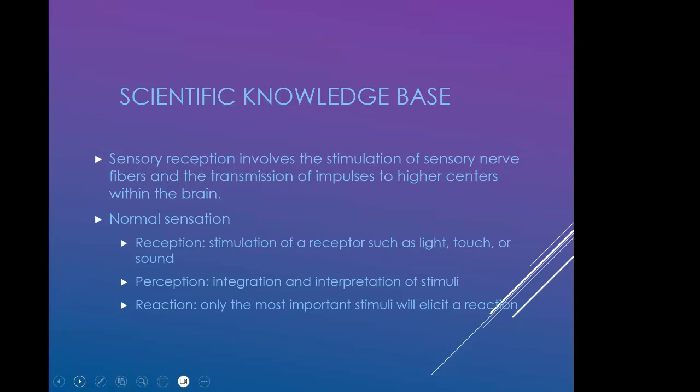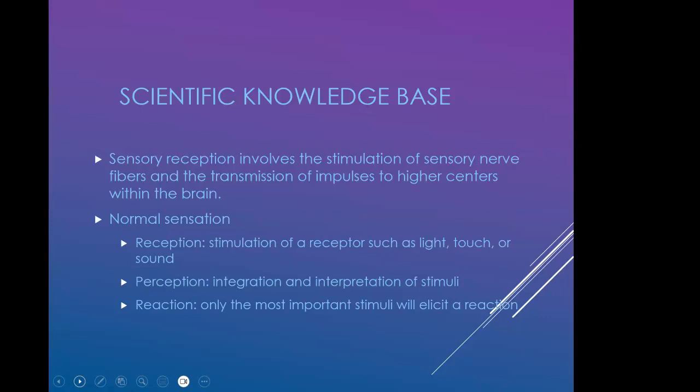Sensory experiences include reception, perception, and reaction. People react to stimuli that are most meaningful to them. Sensory alterations occur when people attempt to react to every stimulus within their environment or when stimuli are lacking.